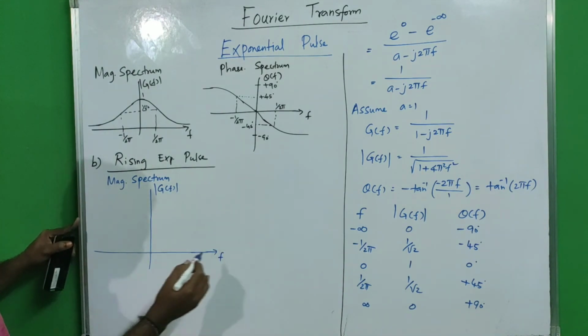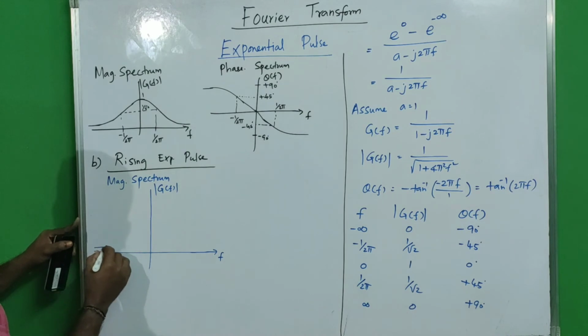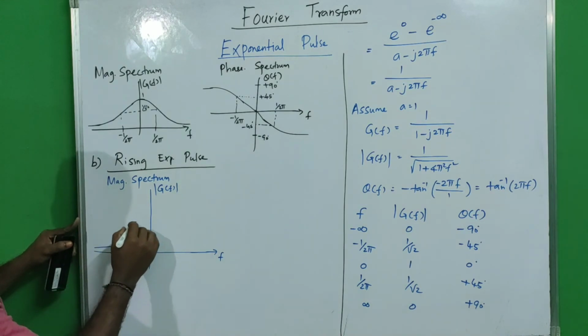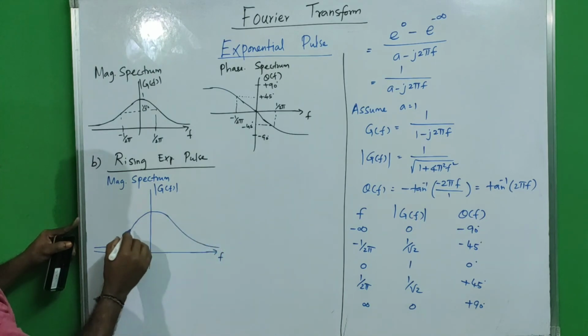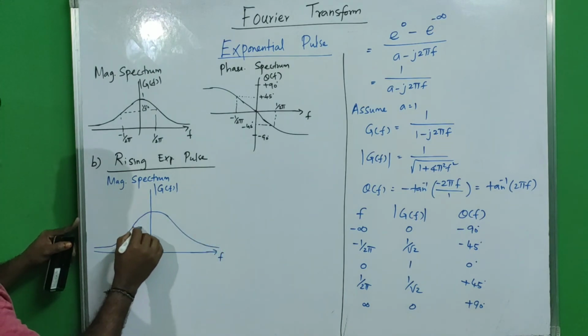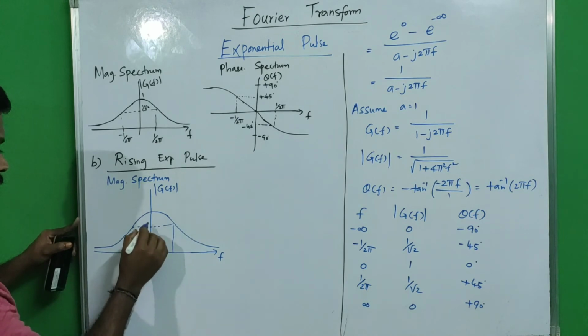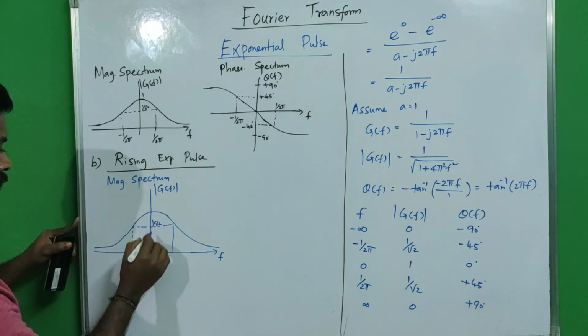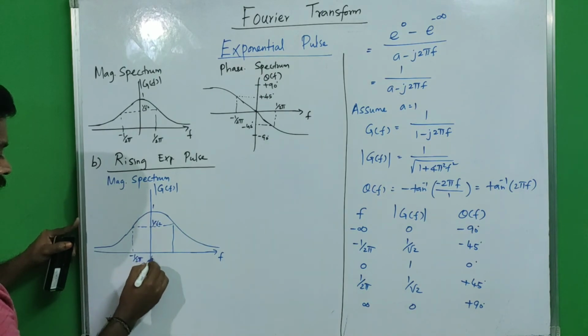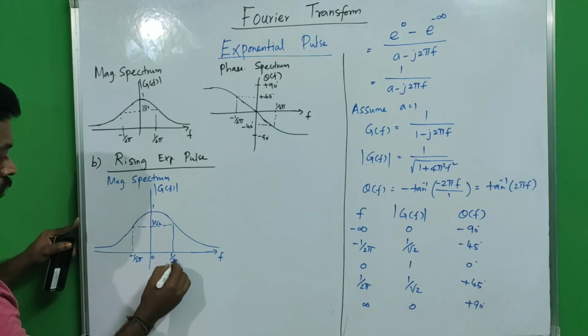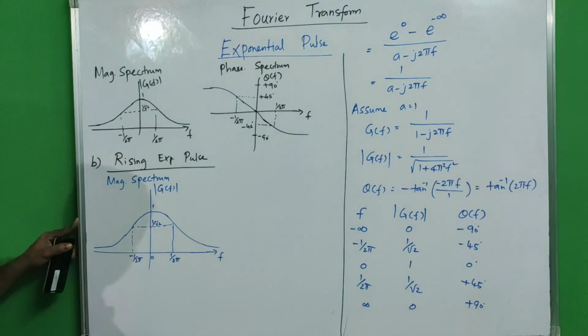When f equal to minus infinity it is 0, so we will get the magnitude spectrum like this. Here 1 by root 2, and f equal to 0, magnitude 1. This is minus 1 by 2 pi, this is 0, this is 1 by 2 pi.